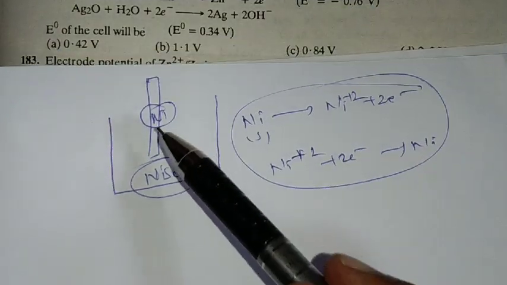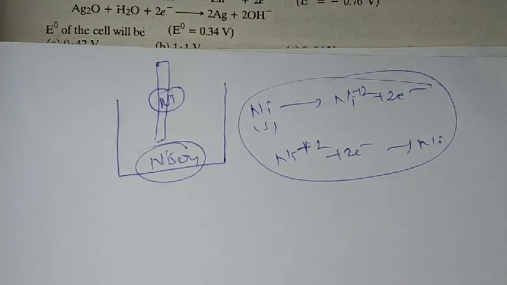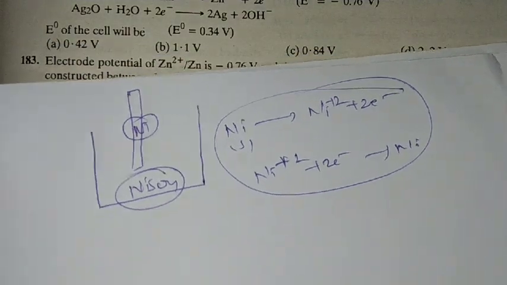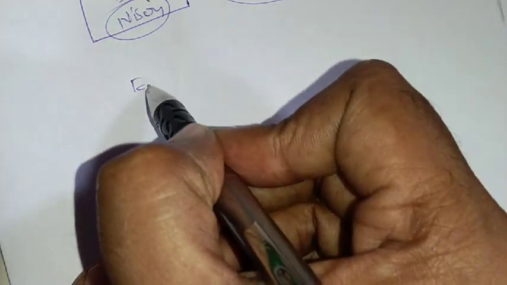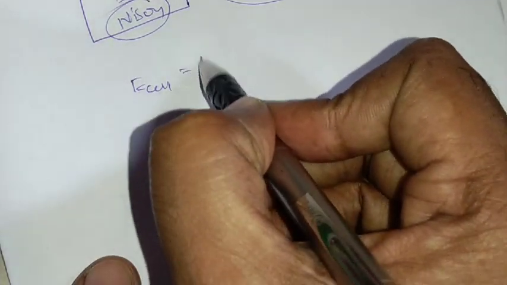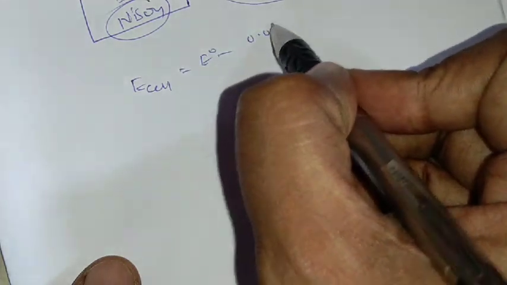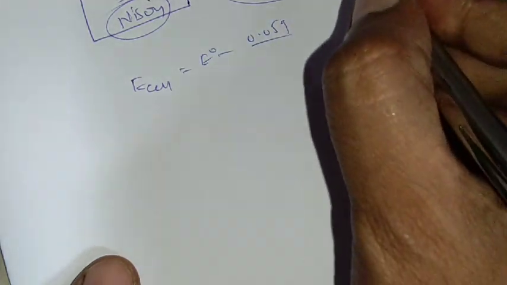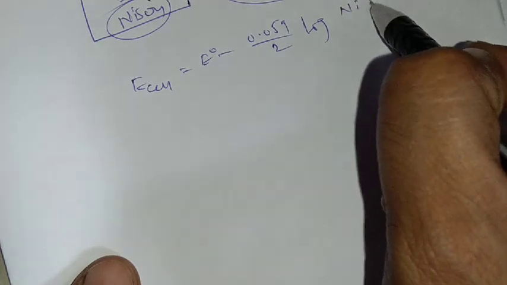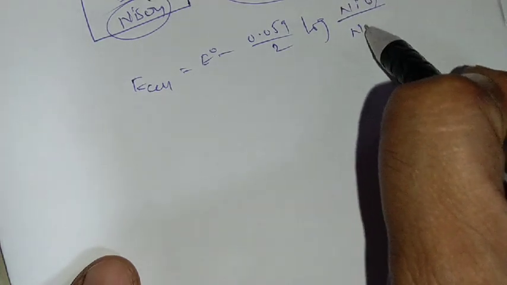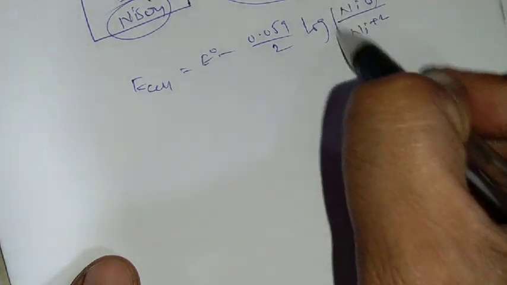Because of the electrode and electrolyte difference, automatically potential is developed. As per the Nernst equation, E of the cell equal to E0 minus 0.059 by n, here n is 2 electrons involved, into log of product nickel solid by reactant nickel ions.